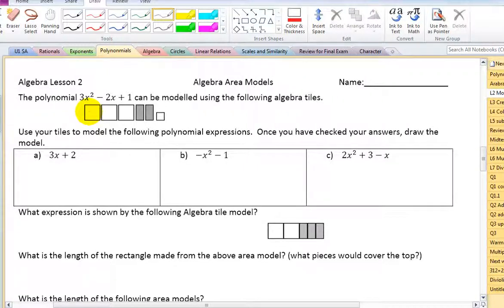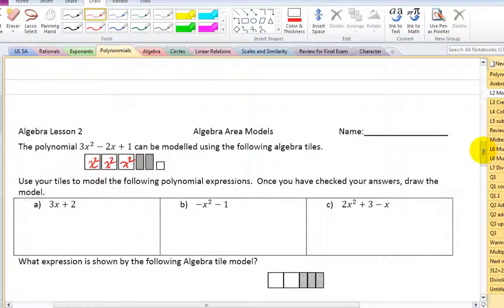So, we here have an x squared, an x squared, and an x squared. When we draw these, the unshaded are positive. On your tiles, these will be unpainted. And what color would you see if it's unpainted? Brown.